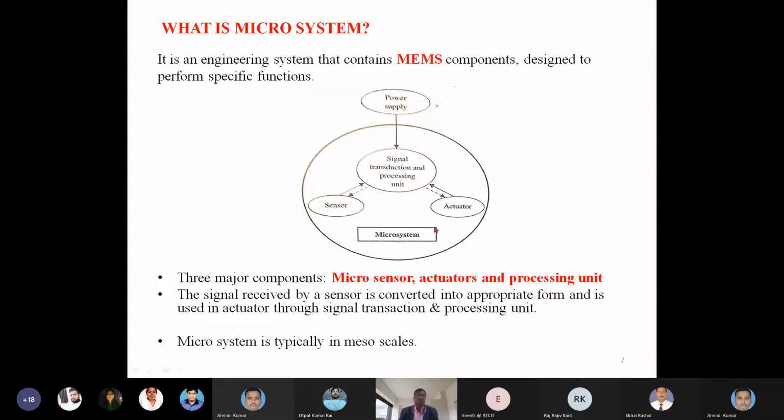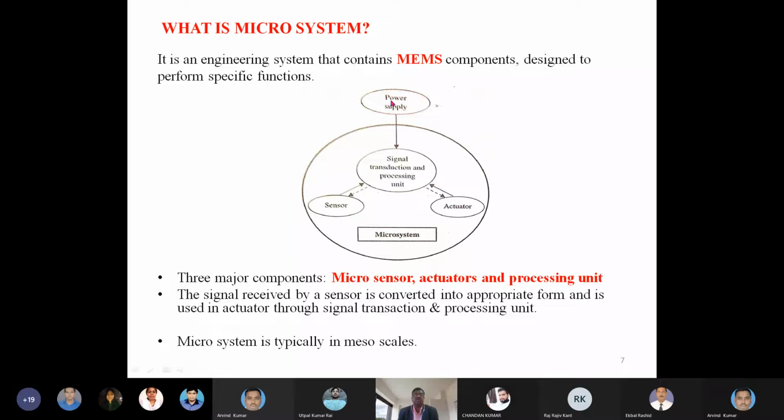A microsystem generally consists of whatever components we have in mechatronics. It is basically a micro mechatronic system, and we have a sensory system, an actuator, as well as a power supply, and the signal transduction and processing unit takes the signal from the sensors, and it is processed in the circuitry, which is composed in a single unit, and that will be implemented in the actuator.